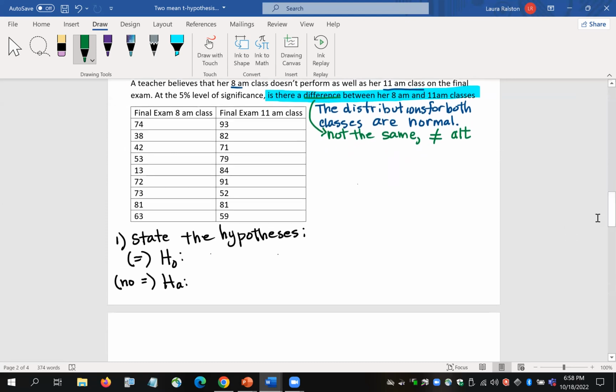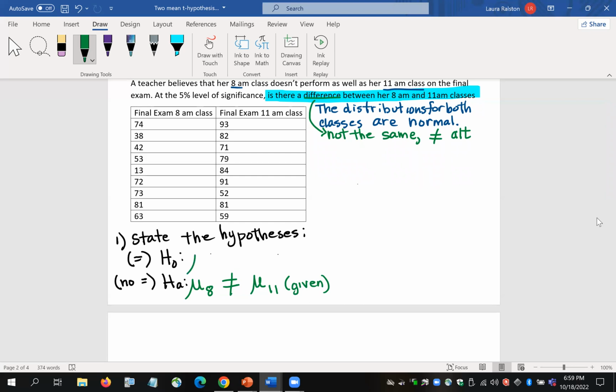Okay, so the mean for the 8 a.m. class does not equal the mean for the 11 a.m. class. That's the one that's given. The null hypothesis is the exact opposite.